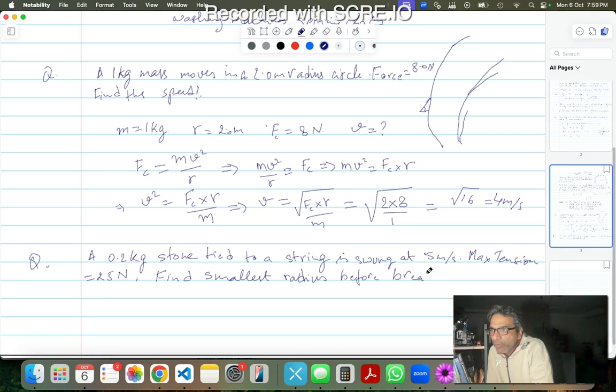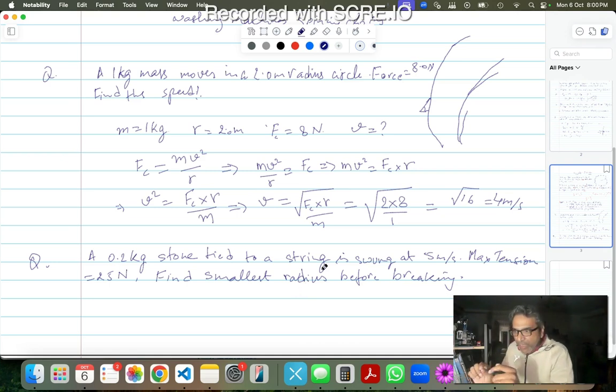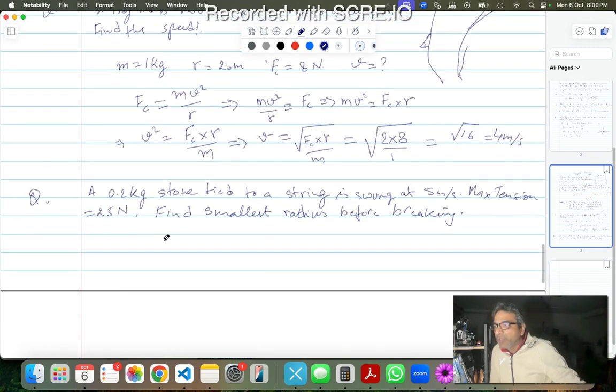That means we need to find the radius, because breaking means it is exceeding the tension itself. If we have a string with two ends and keep on stretching it, at some point it will break, right? So up to what we can stretch it gives us the smallest radius. The formula will be the same.